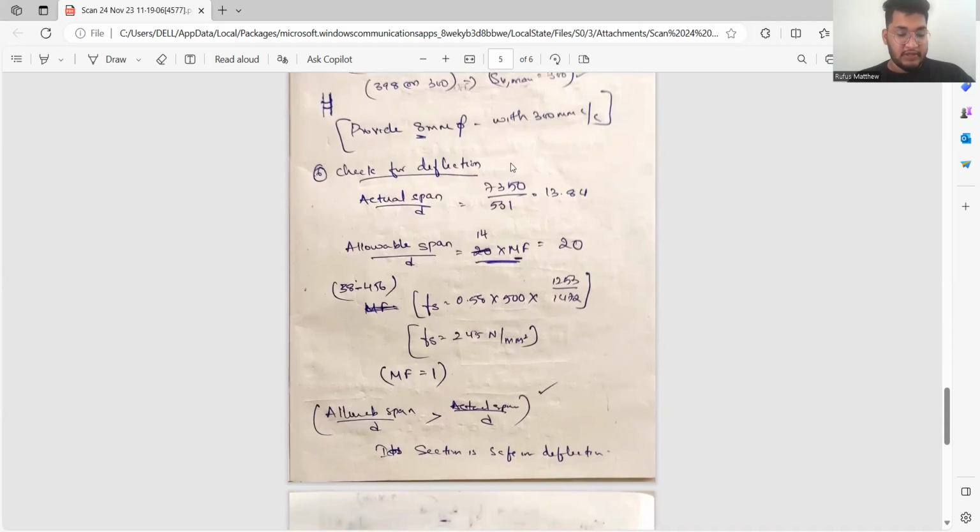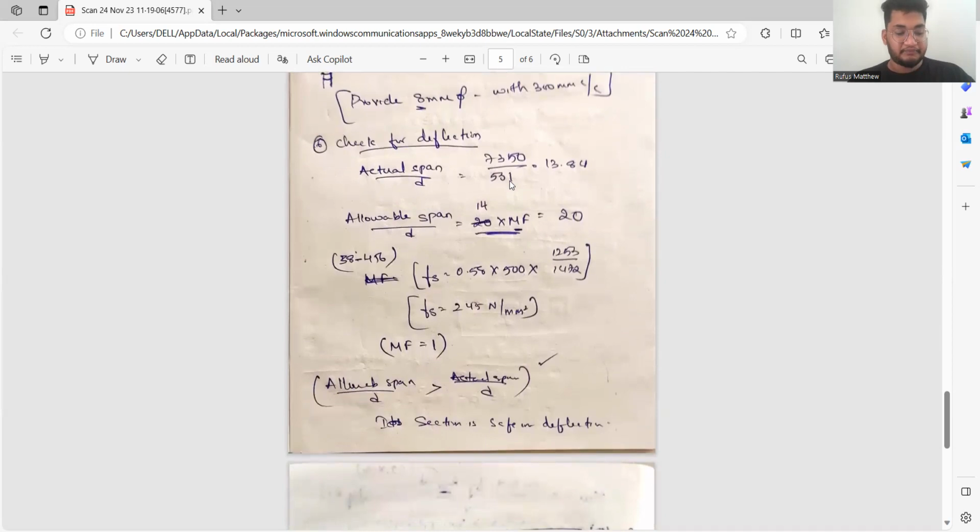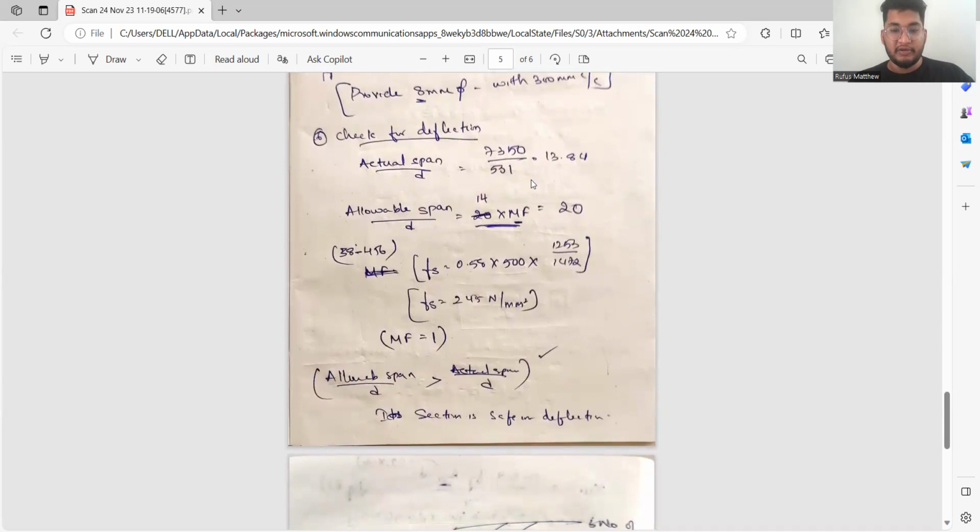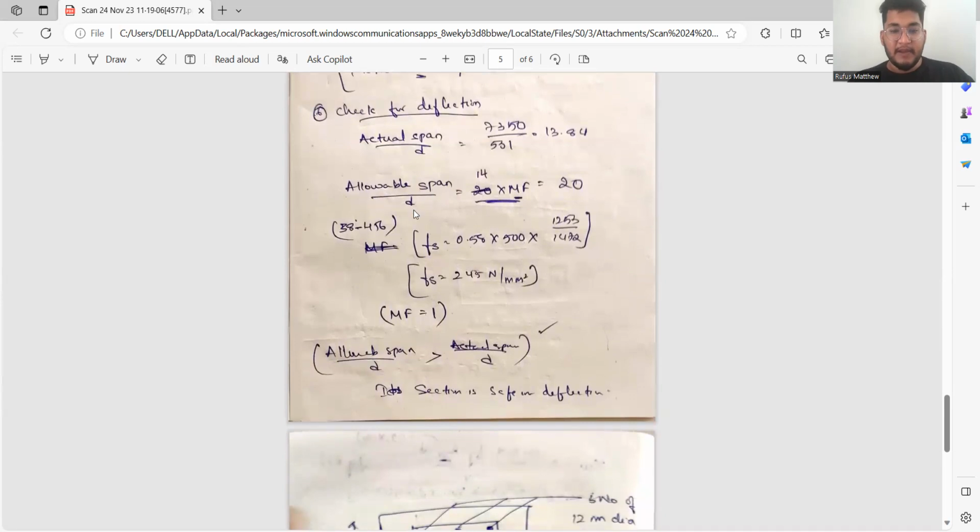Then we'll move on to the sixth step, which is check for deflection. The formula here is actual span by d, we have the actual span value and d value. So after substituting them, we'll get it as 13.84. Then we'll calculate allowable span by d. That is another formula, which is 14 into mf. As we don't know the mf value, that is 20.